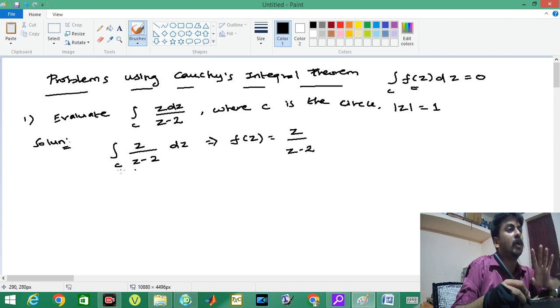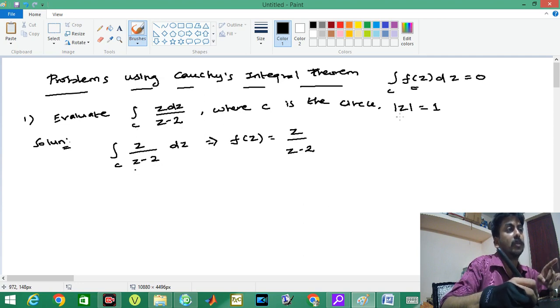Now we have to check whether this z equal to 2 lies inside or outside the circle, because we have to evaluate the function over the circle.